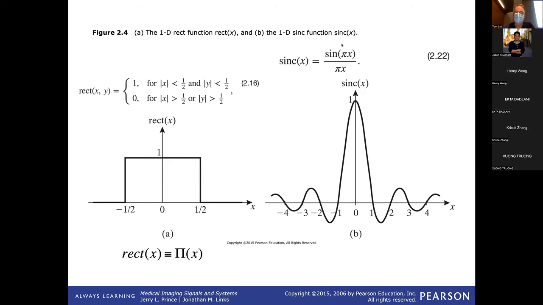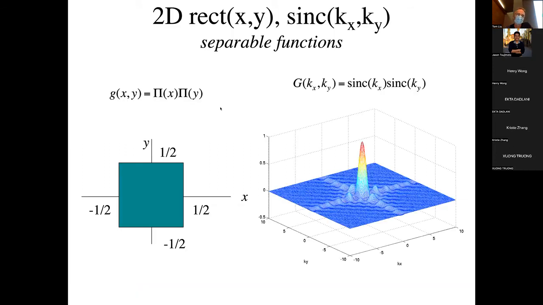And its algebraic equation looks like this. It oscillates as sine x, and it decays as 1/x. Two very important functions, and they turn out to be Fourier pairs. They can also be defined in 2 dimensions, and it's a simple extension in that now you have basically a square in the plane that is non-zero inside the square, 0 everywhere outside.